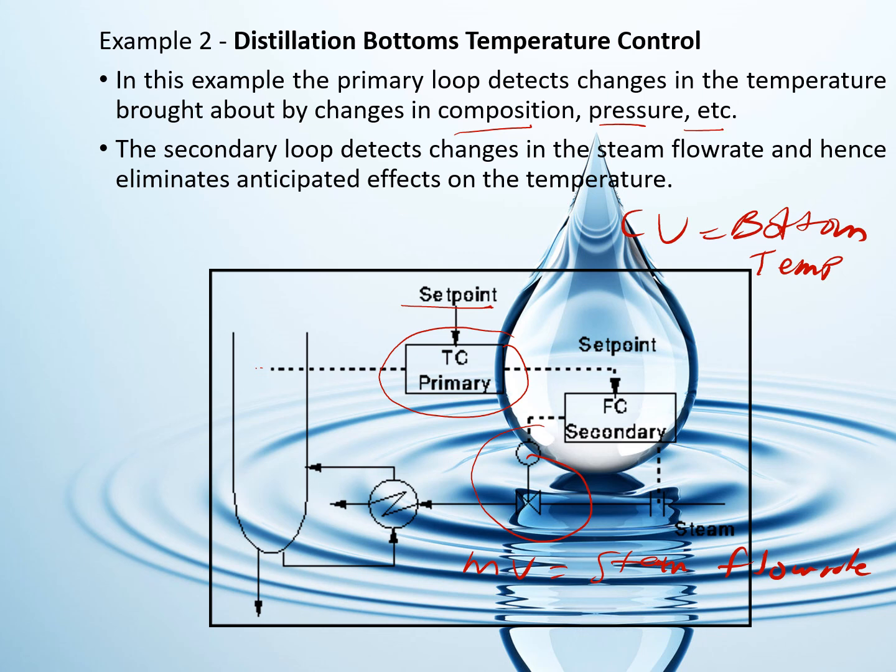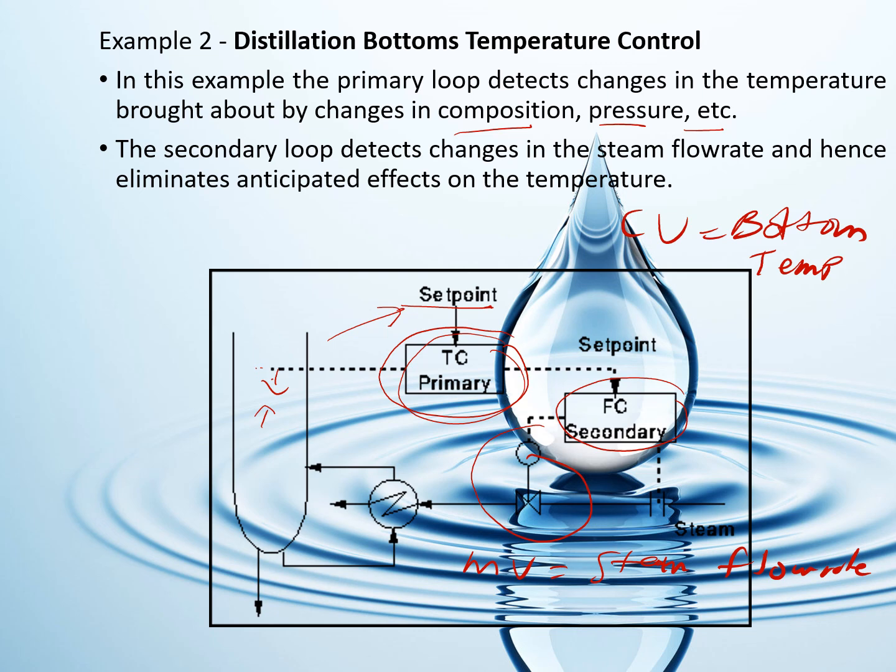If the temperature inside here is low, the primary controller will do a comparison and send the data to the secondary control loop, and will ask the secondary control loop to supply more steam so that the temperature inside here will be increased, achieving the set point for the primary control loop.